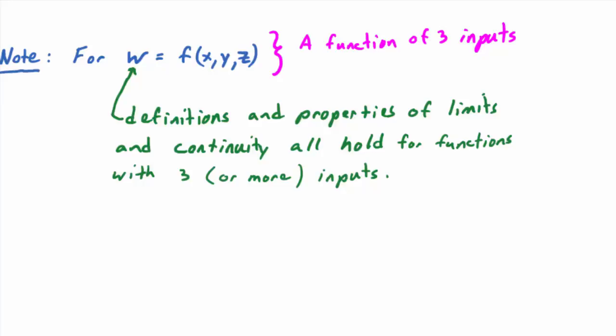But the limit laws hold. You could generalize the epsilon-delta definition of limit, and the intuitive definition is the one to think of, and that holds as well. Continuity holds. Everything holds for more than 2 inputs. It's just that in this class we usually focus mostly on 2 inputs, but not always.